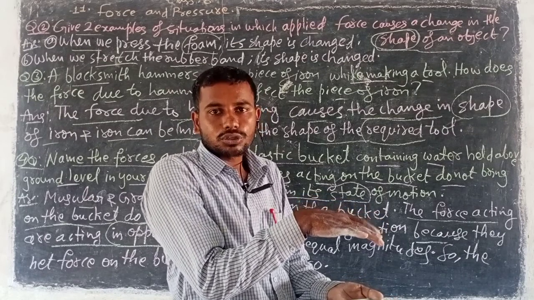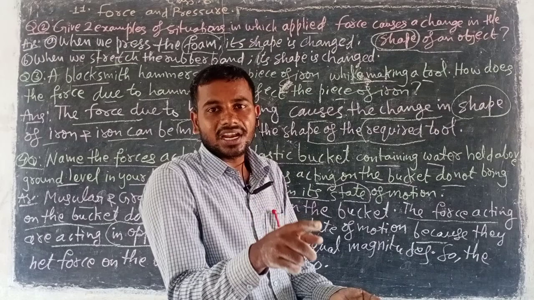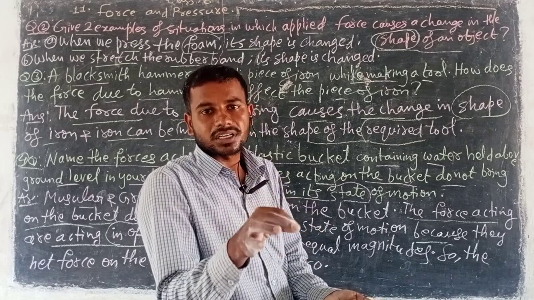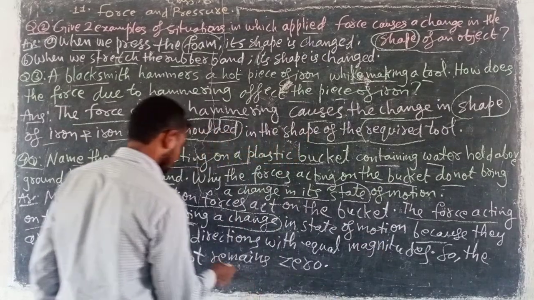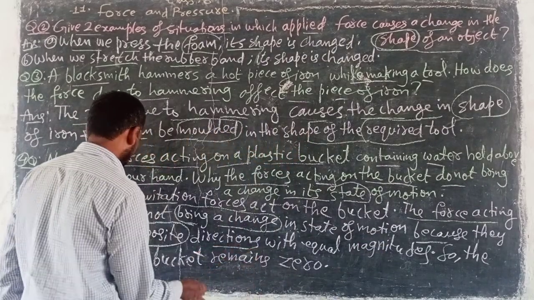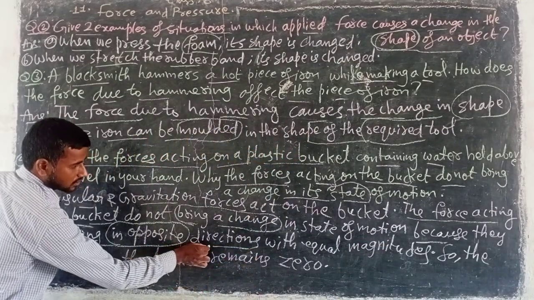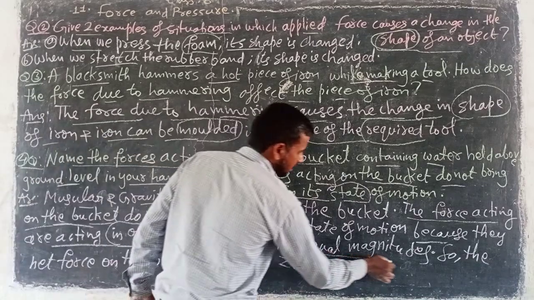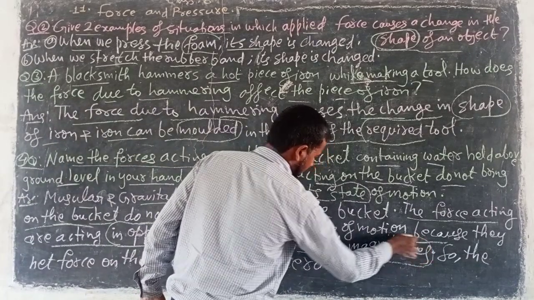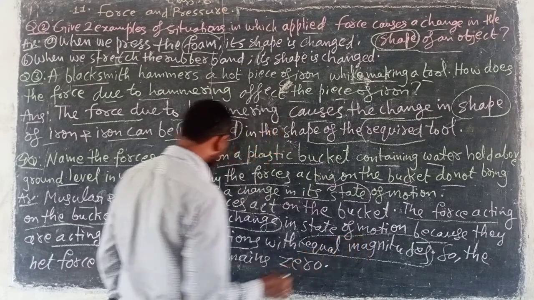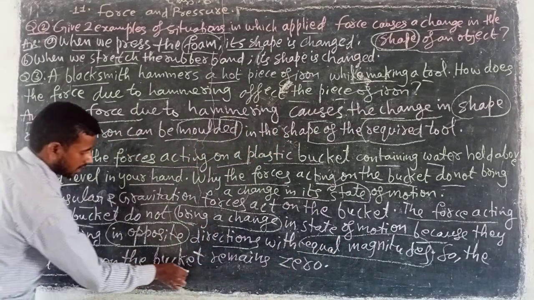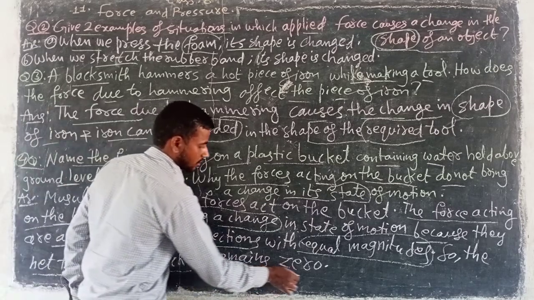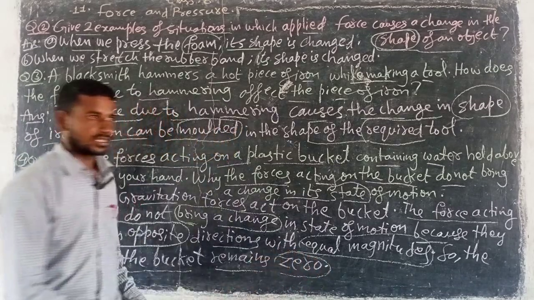The net force of muscular force and gravitational force becomes zero, because the directions are opposite with equal magnitudes. So, the net force on the bucket remains zero. Remember it.